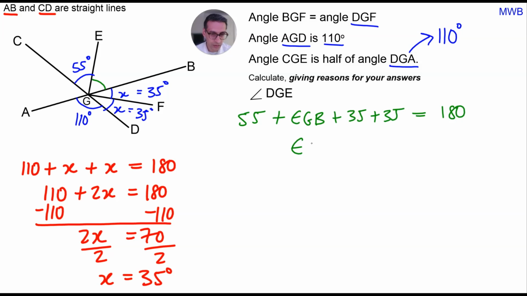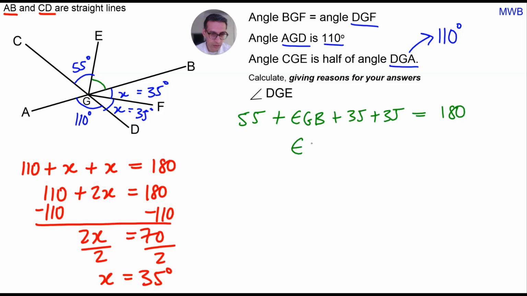And then to the question, change colors again, and we're going to look at the angle it wants us to work out, DGE. So D to G to E. We need to add up these three angles. So angle DGE is equal to 35 plus 35 plus 55 degrees.